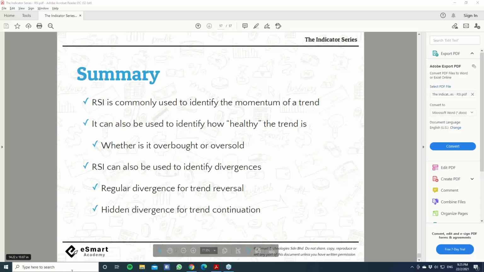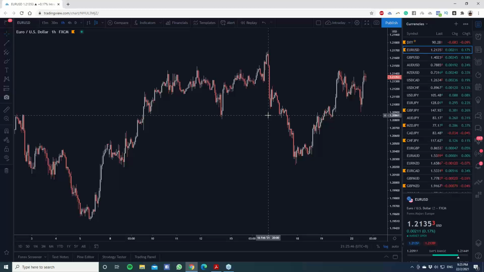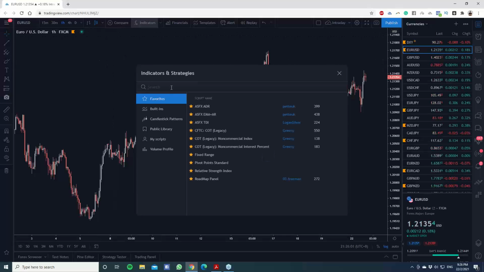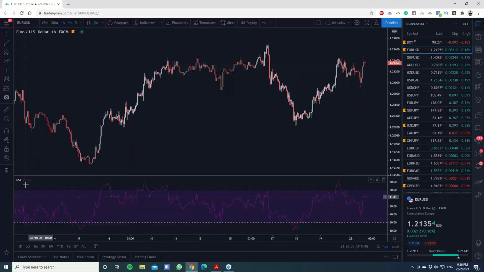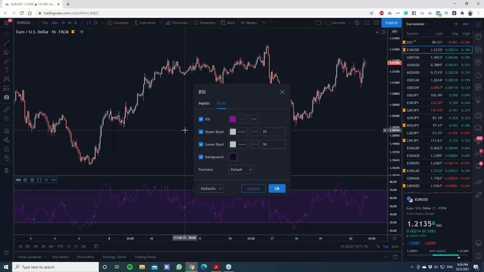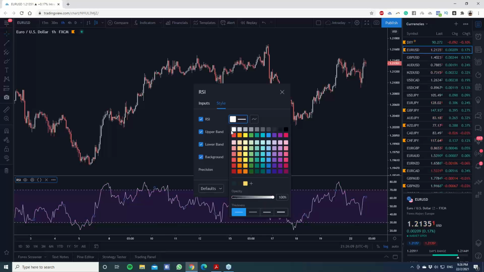Okay, so let me go over to the charts to walk you through the indicator, and just show you some live examples of how it's being done. Over here, I'm using TradingView, but as I mentioned, any platform will have an indicator called RSI. Usually it's easier for me to draw and just play around with it.